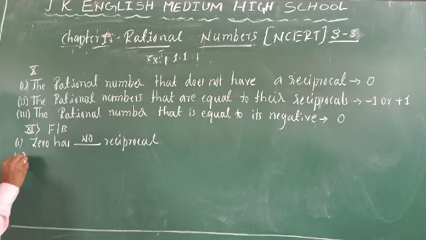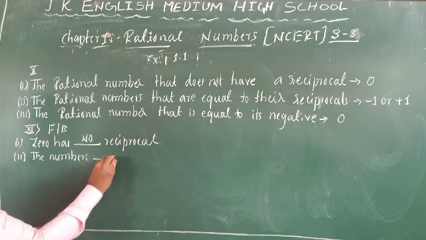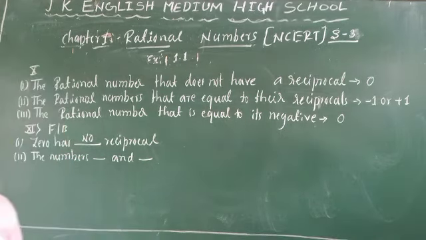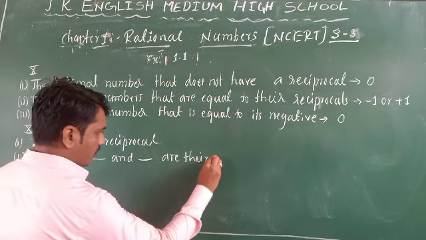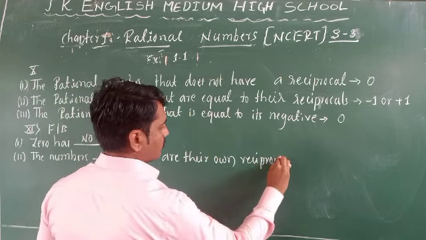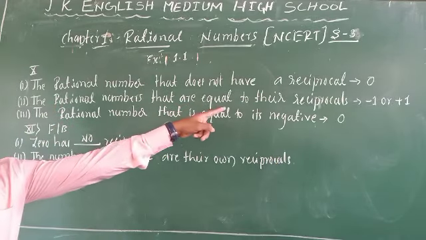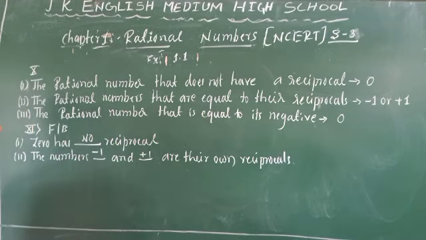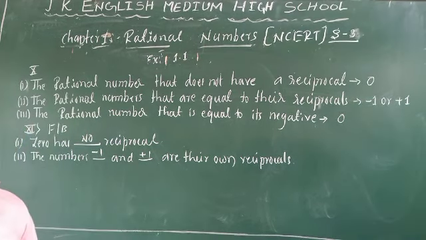Question number 2: The numbers dash and dash are their own reciprocals. Look here. The rational numbers that are equal to their own reciprocals, what are those? -1 and +1. -1 and +1 are their own reciprocals.